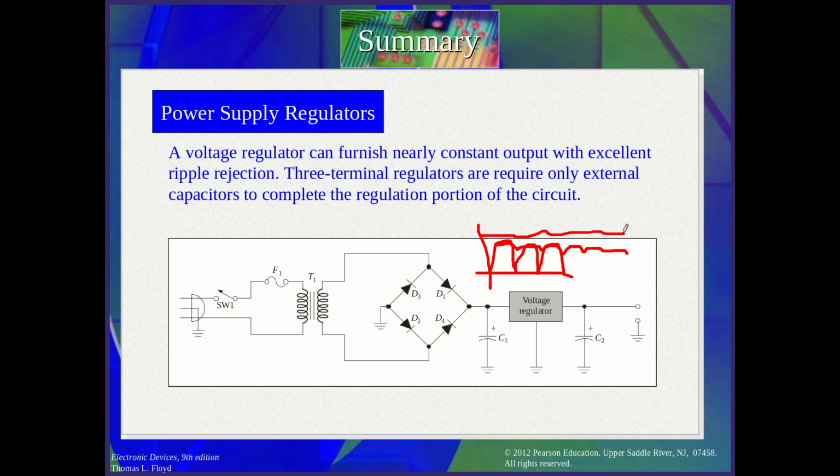It should be approximately a line, which is the DC voltage that we want to generate, or convert from the AC source. Okay, so the external capacitor completes the regulation portion of the circuit. So the regulator makes it more smooth.